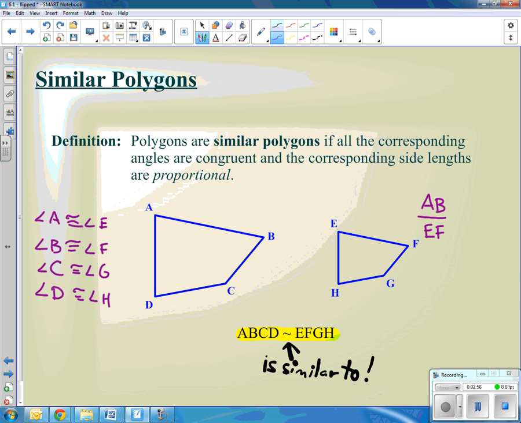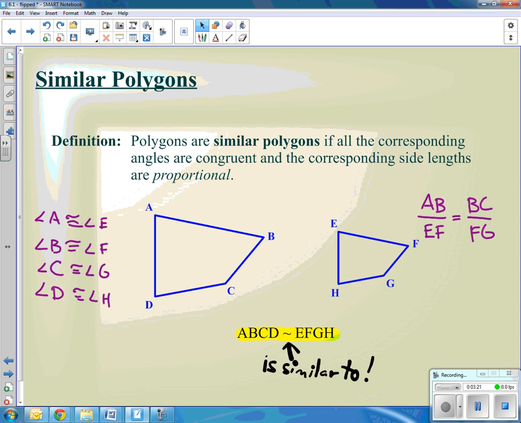Now that ratio is going to be equal to the ratios of all of the other corresponding sides. So what does that look like? Well, I'm going to set that equal to another ratio of corresponding sides, like BC and FG. Okay, so whatever the proportion is for one pair of sides, it's the same for every pair of sides.